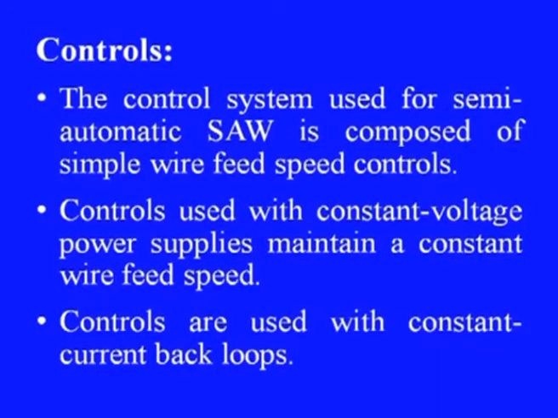The control system used for semi-automatic submerged arc welding process is composed of simple wire feed speed controls. Controls used with constant voltage power supplies maintain a constant wire feed speed. Controls are used with constant current back loop.